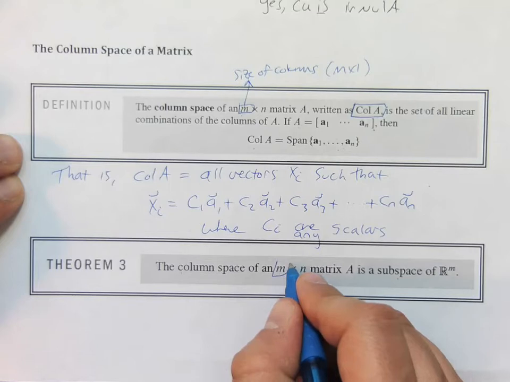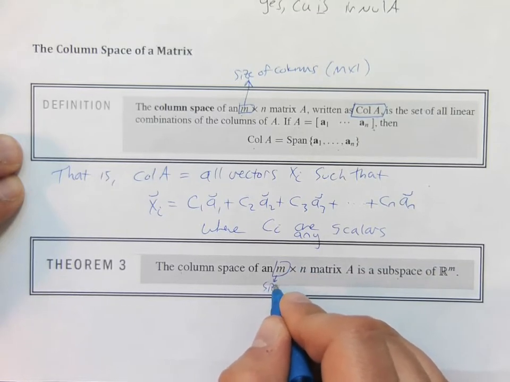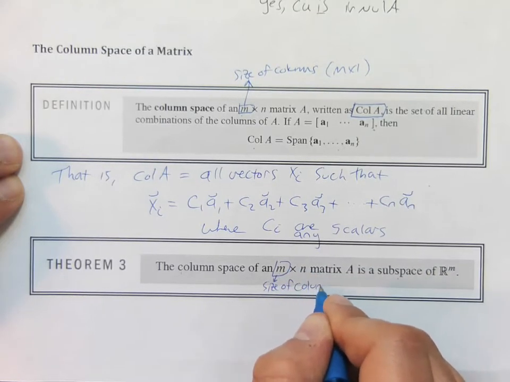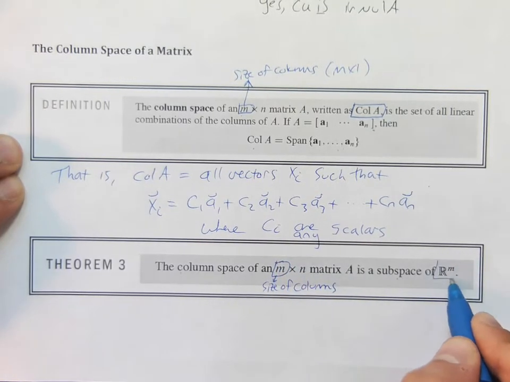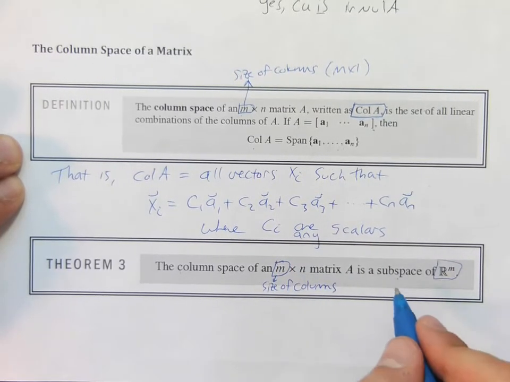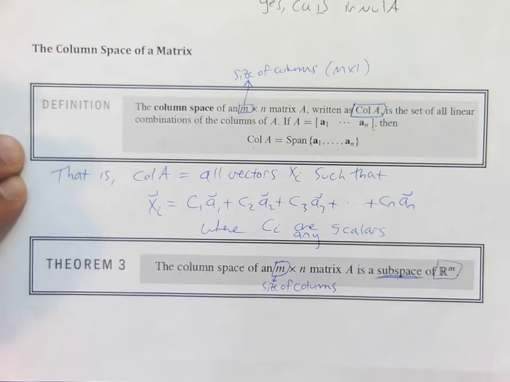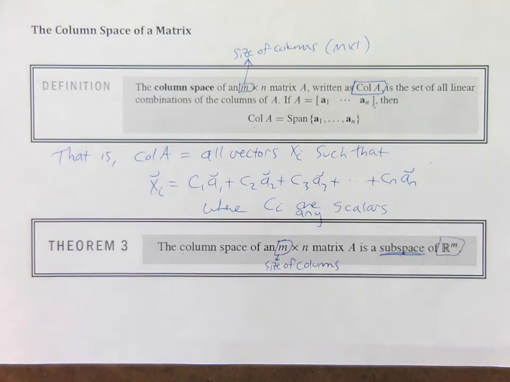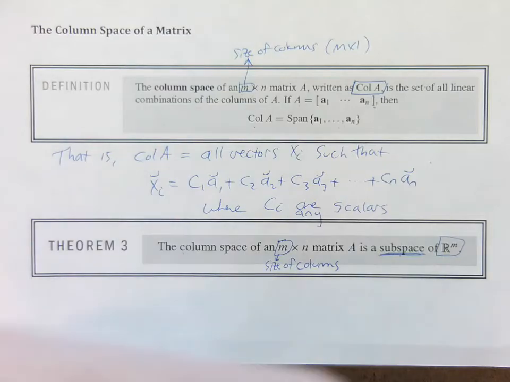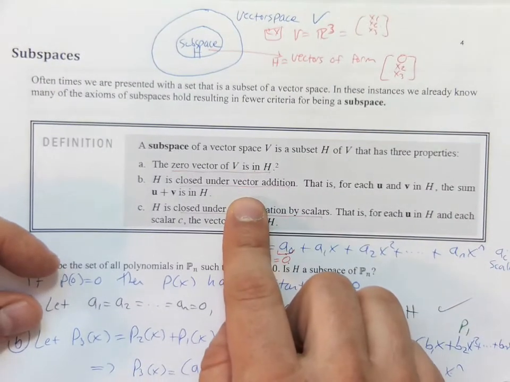And so again, Rm tells us the size of the columns. I should have just written that over here. So we're talking about Rm when we're talking about the columns, and it turns out it's also a subspace. Now this one, we could also go through the definition of a subspace, which I've just shown you right here, to show that the column space is a subspace as well.